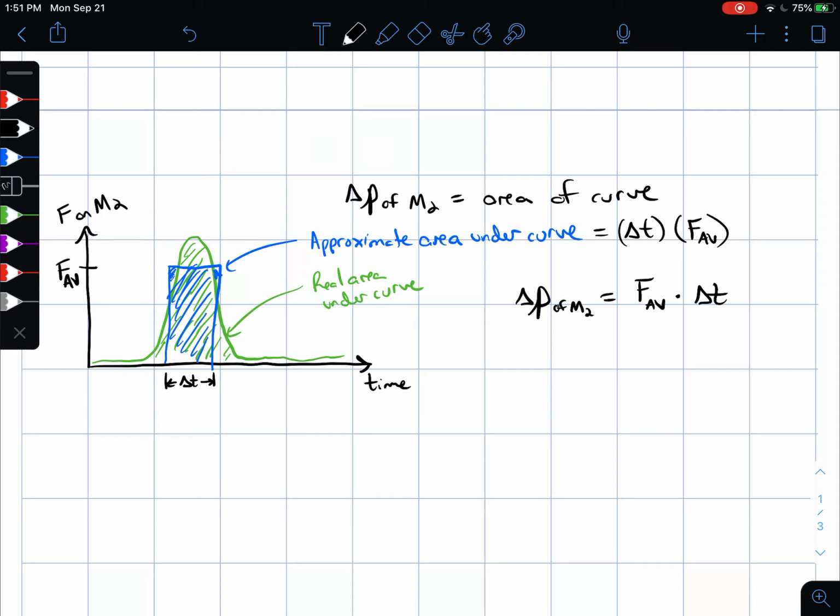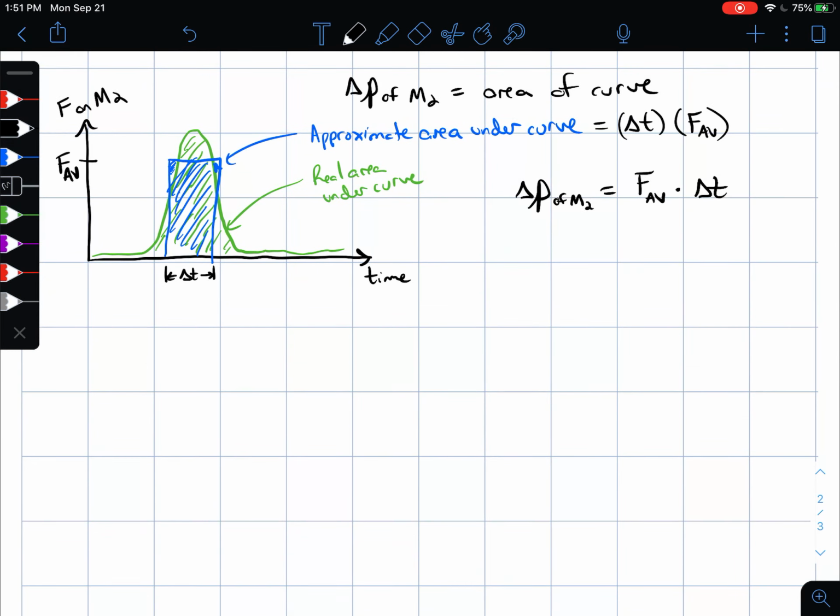All right? The way that we've represented it here, this is the idea of impulse. Now, the way that your book writes this is it introduces this new variable J, and it's equal to F average times delta t.